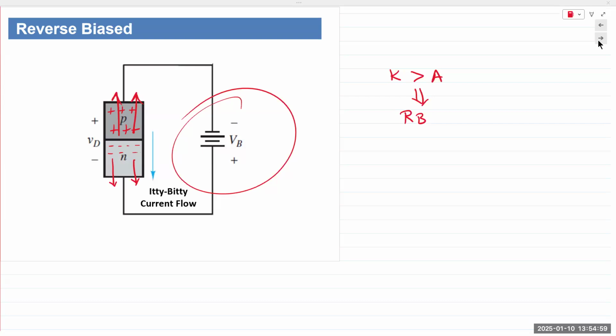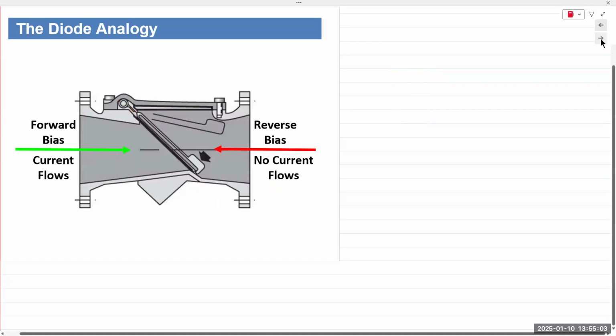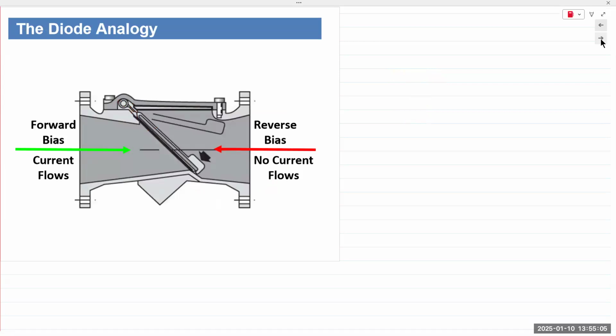Okay, an analogy can be made with a mechanical valve. So a diode is a one-way device. If you have a mechanical flap valve like this, if fluid flows from left to right, it is going to force this valve to open, which allows the fluid to flow through.